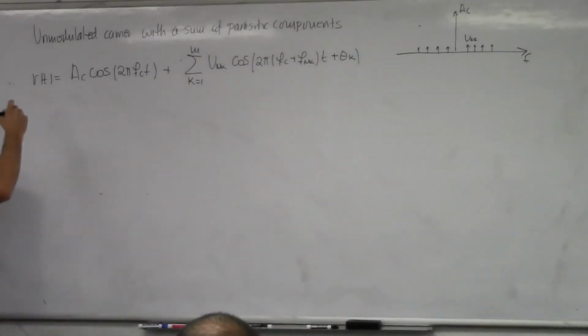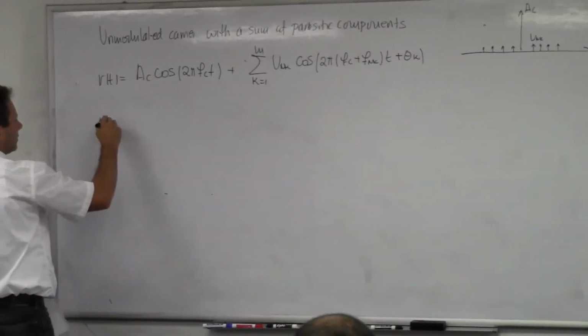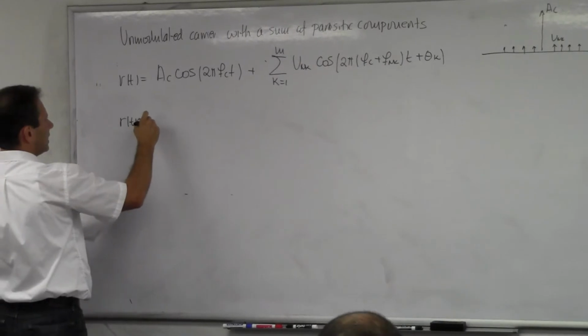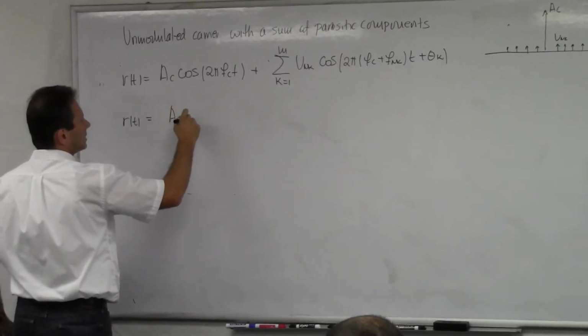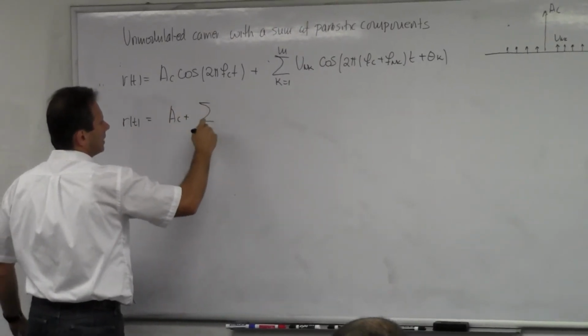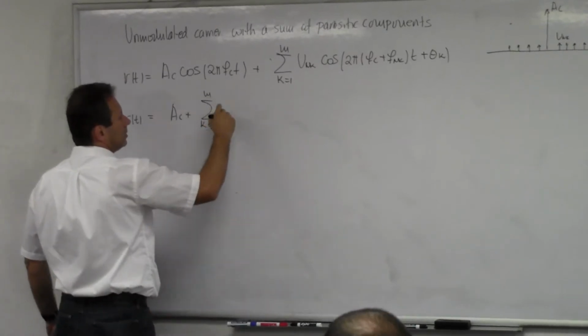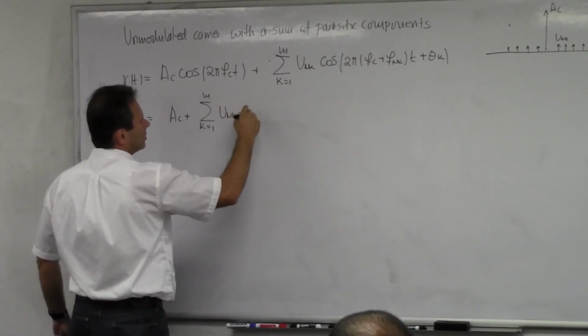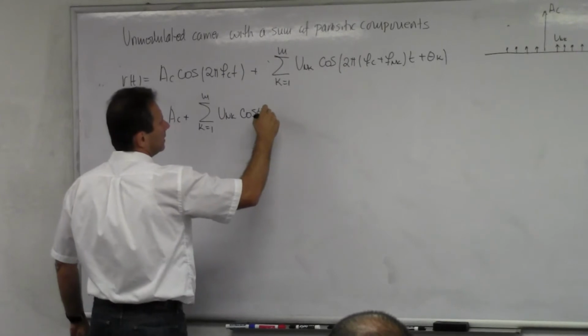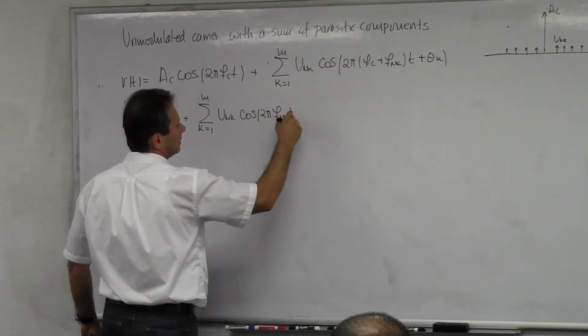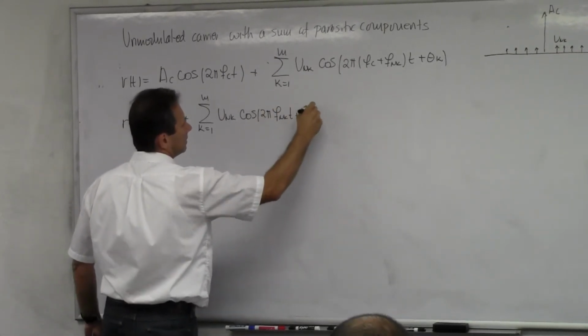So we rewrite this r(t) as AC plus the sum, where k goes from 1 through m, of UNk cosine(2 pi fnk t plus theta k).